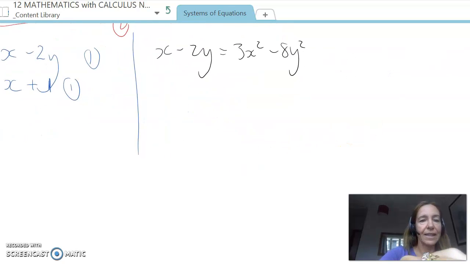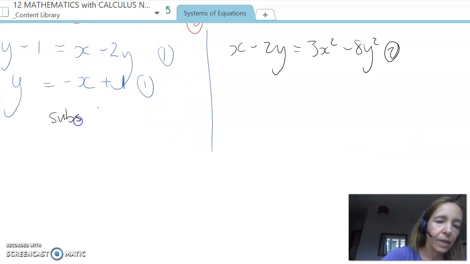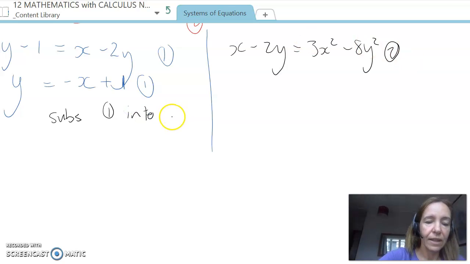Now let's look at this side. Everything's all over the place, it doesn't matter. Let's just call it 2, and we are going to substitute 1 into 2. There are no like terms or anything in there, so I'm just going to substitute.